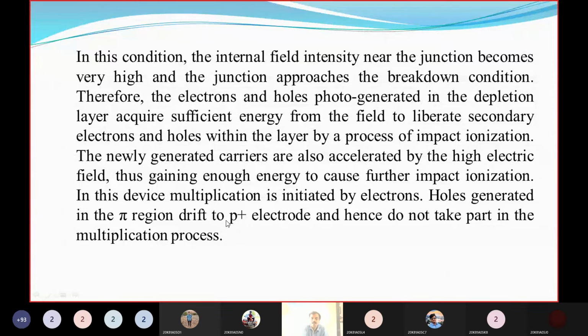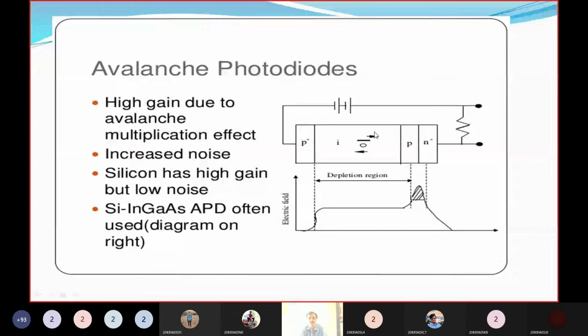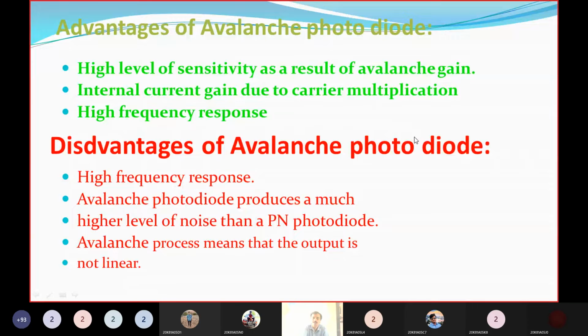Electrons move in this direction and holes move in this direction. These holes do not involve in the multiplication process. Only electrons are involved in the multiplication process. Why does multiplication occur?